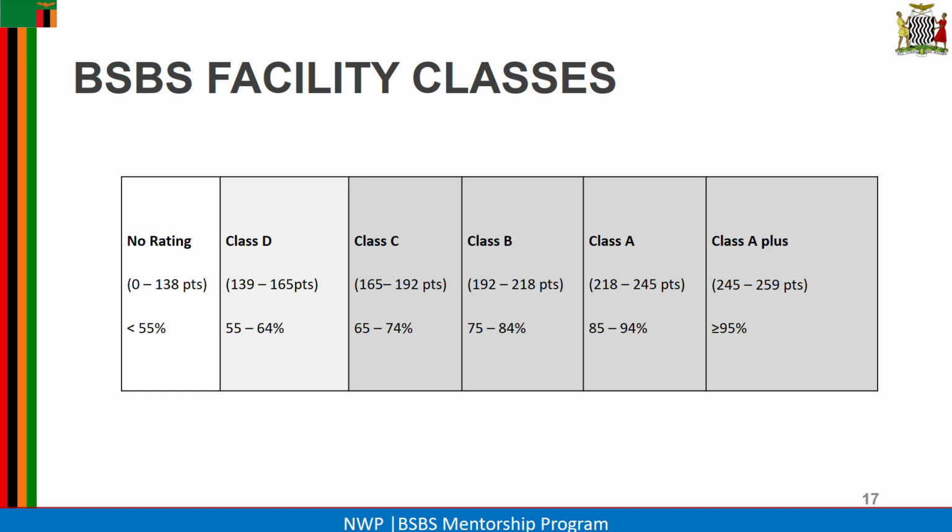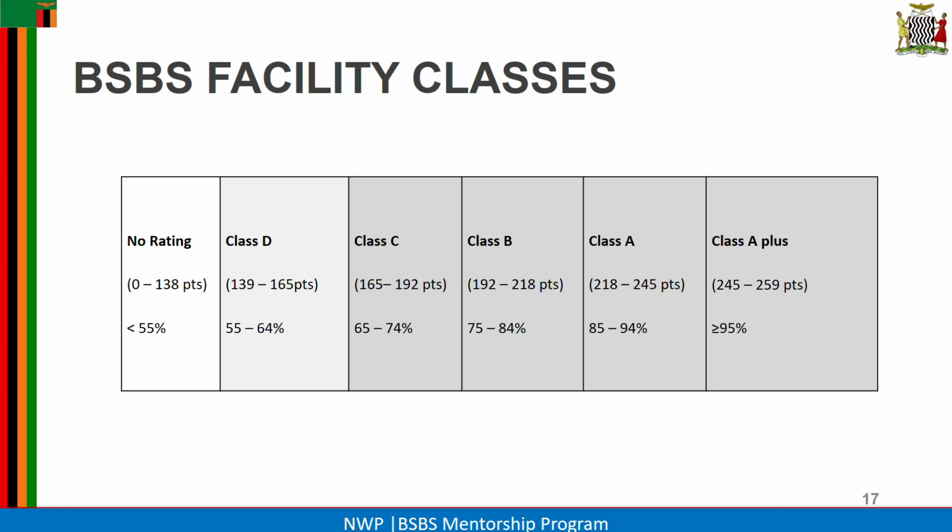Then if you score between 218 and 245 points, or 85 to 94%, you're going to be classified as a Class A facility. And then the highest class you can score is a Class A+, which is 245 to 259 points, above 95%. So the aim is for facilities to actually score 95% and above.